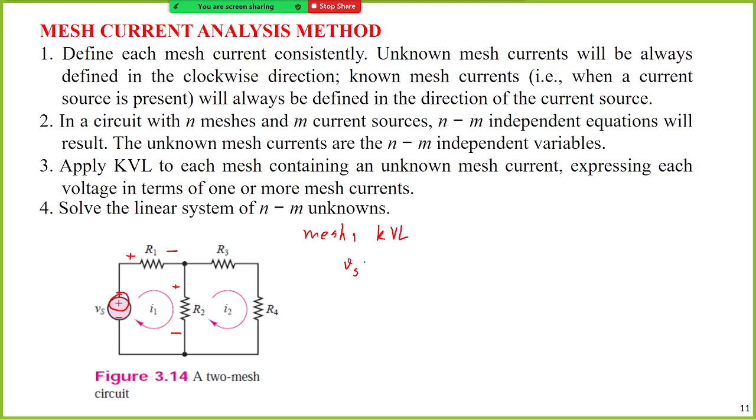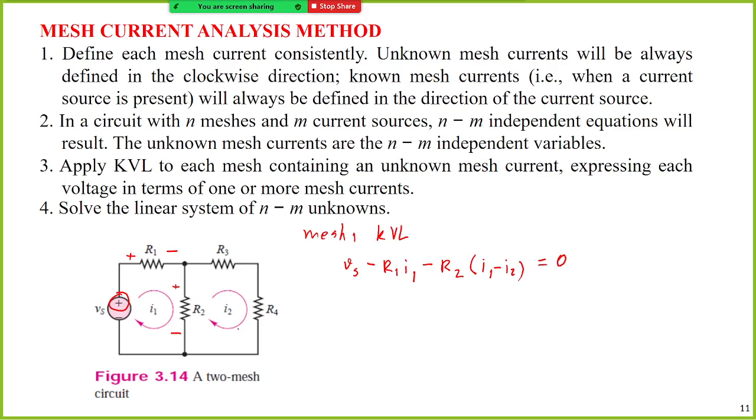Flowing out from negative, minus R1 I1, right? And what is the current flow here? The current flow here will be I1 minus I2, right? And then minus R2 times I1 minus I2, because it's the net current flow, right? This is the net current of R2, equal to 0 by KVL.